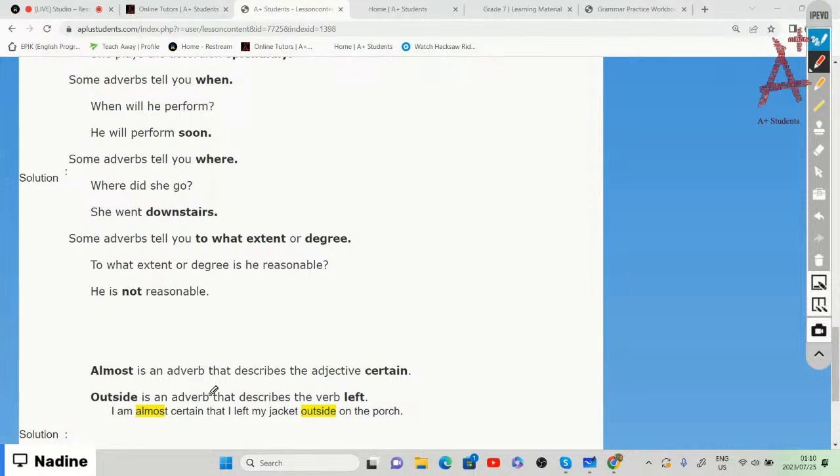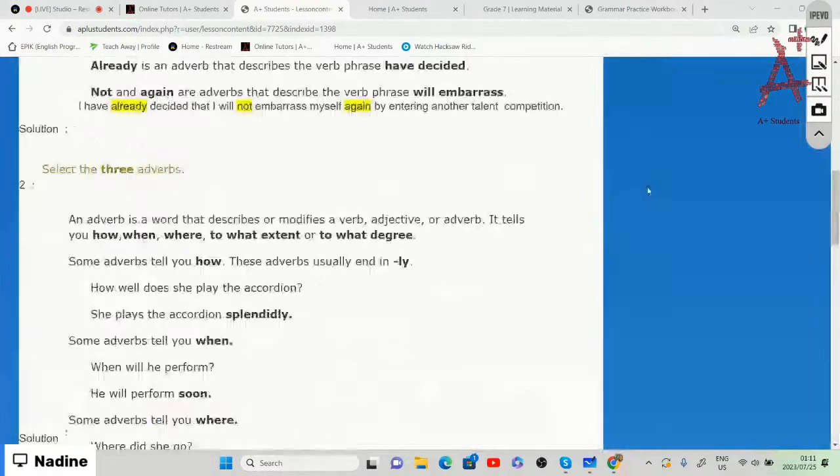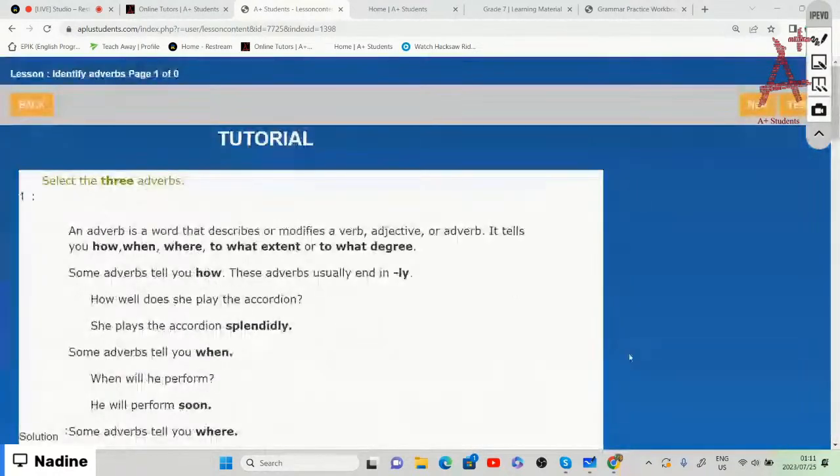Almost is an adverb that describes the adjective certain, and outside, that tells us where, is the adverb that describes the verb left. So those are the adverbs that we have identified within that sentence.